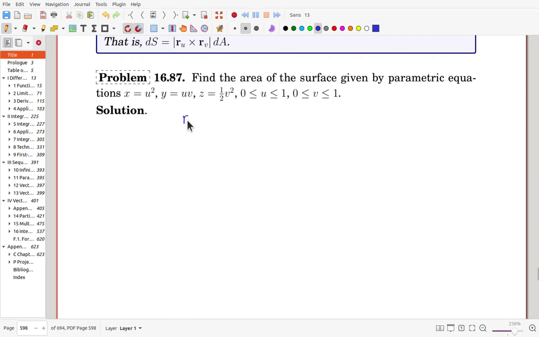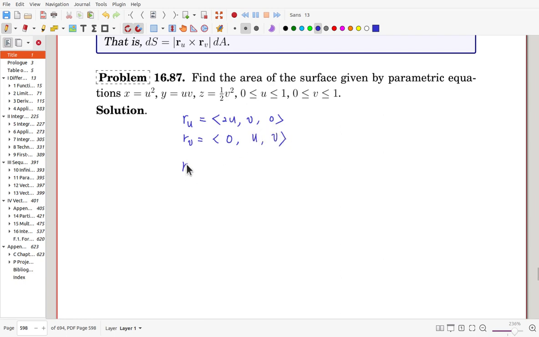R sub u derivative, that is now 2u, and v, okay, that is the u derivative, there must be a v, and the u derivative will make 0. Now how about R sub v? The v derivative then is 0, and the second one must be u, and that is a v.